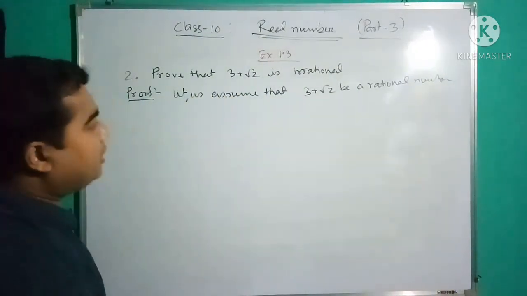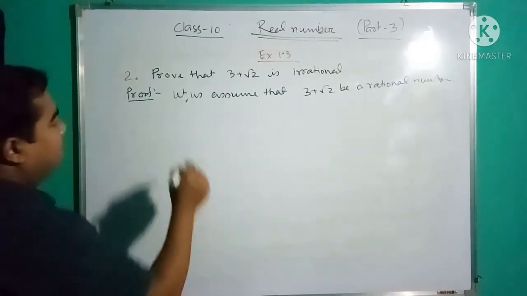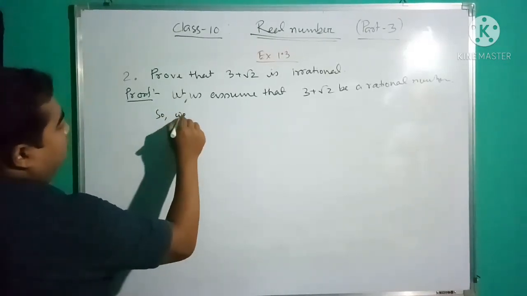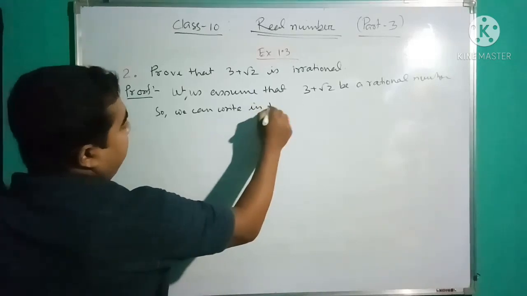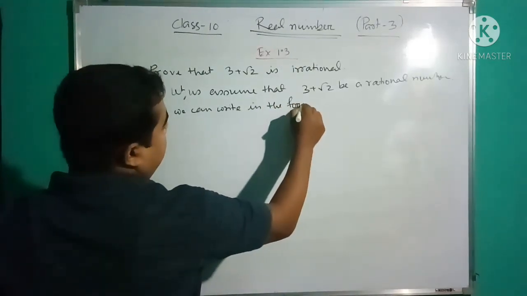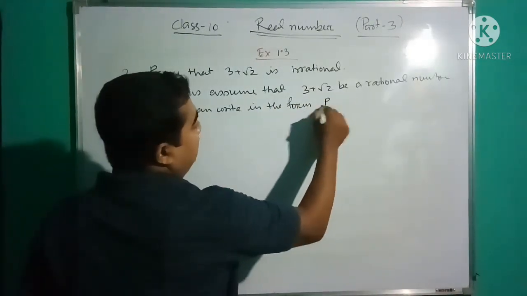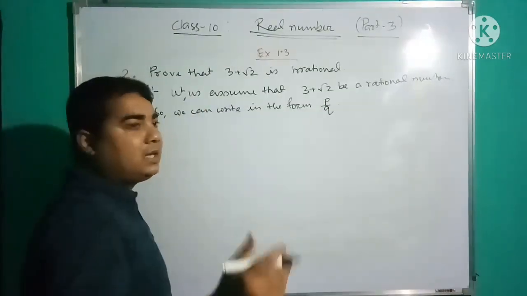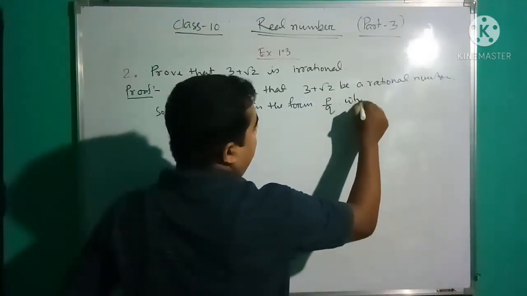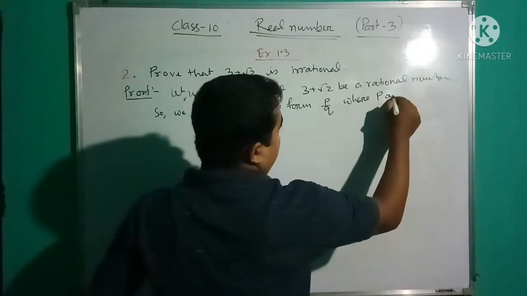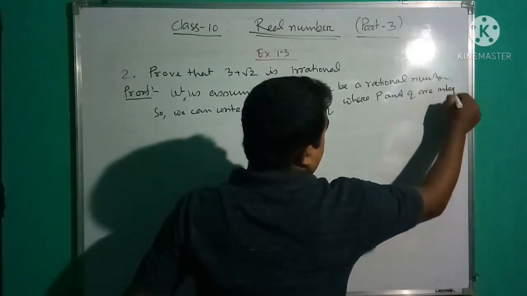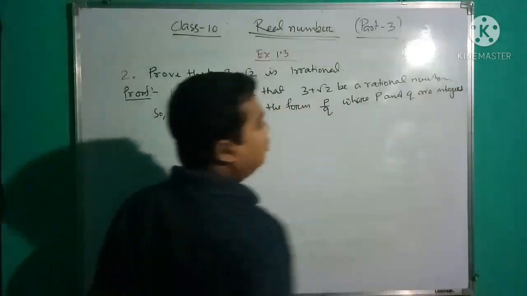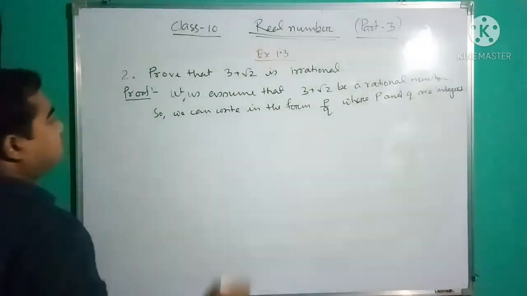If it is a rational number, then we can write it in the form p by q, where p and q are integers.